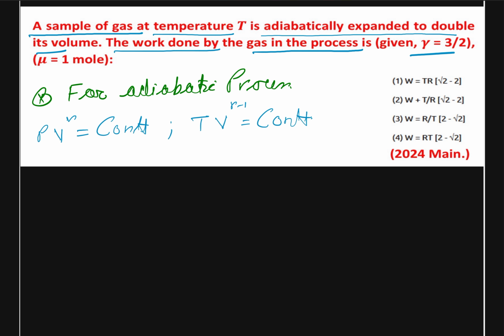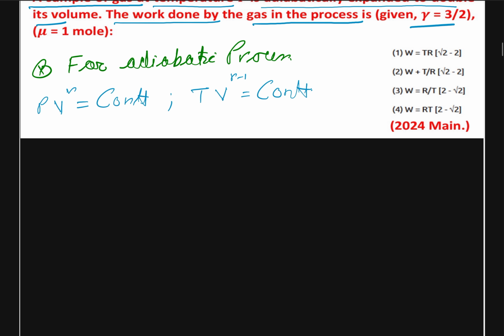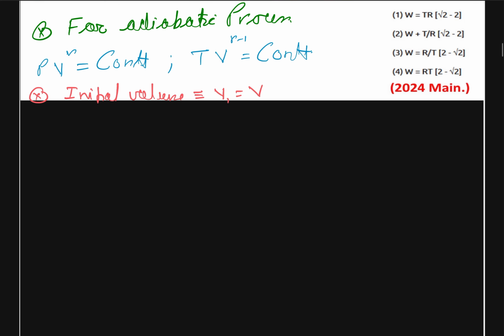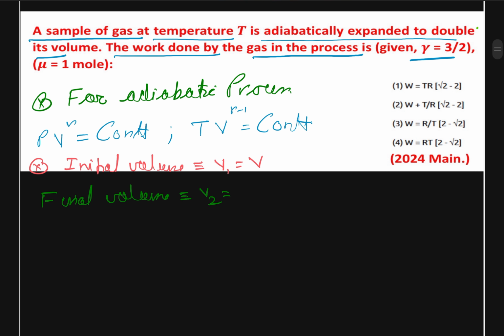And we are given, or let's assume that our initial volume is V1, which we assume is equal to V, and our final volume is V2, and it is given that it is expanded to double the initial volume.